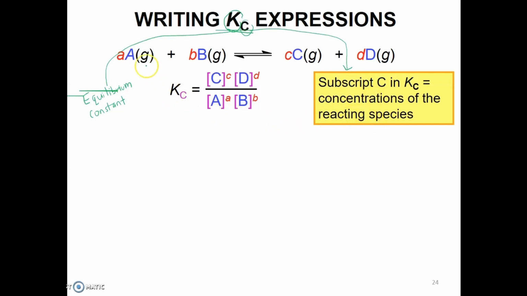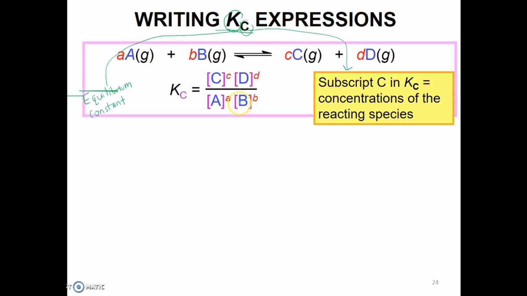Now consider we have this general equation. aA gas plus bB gas produce cC gas plus dD gas. Okay, so the Kc expression will be the concentration of the product species raised to the power of its mole coefficient over concentration of reactant raised to the power of its mole coefficient.